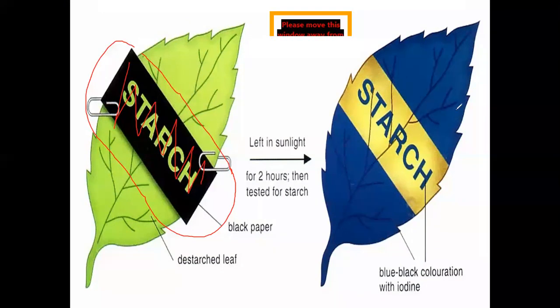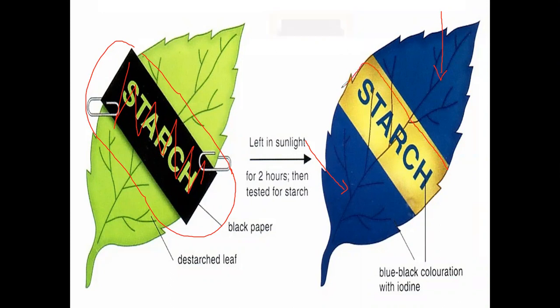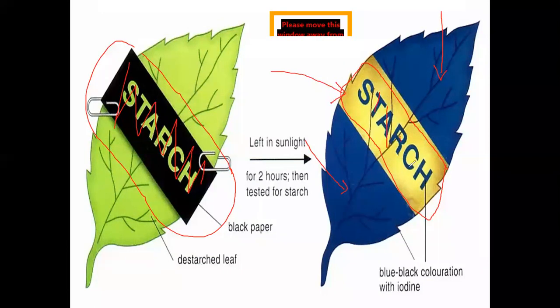The part of the leaf that is not covered gives a dark blue or blue-black color, which indicates the presence of starch. However, the part that was covered by the black paper has no dark blue. The color remains yellow or orange, indicating the absence of starch. This shows the importance of light for the process of photosynthesis. Here we don't have starch since we don't have light.